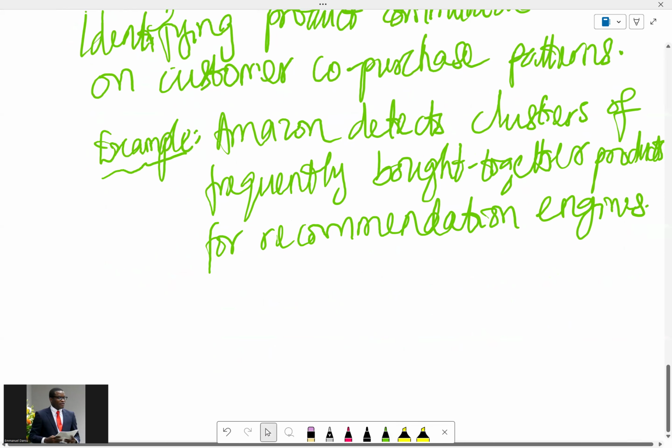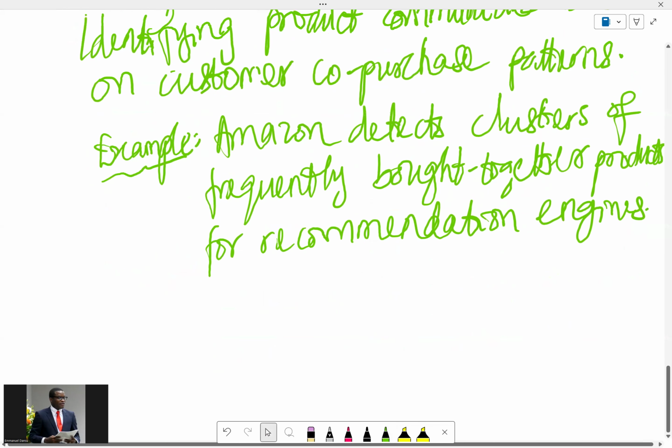Then, of course, we can also have community detection helping with urban planning.